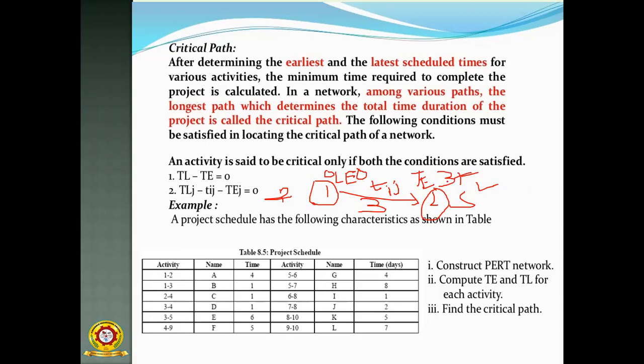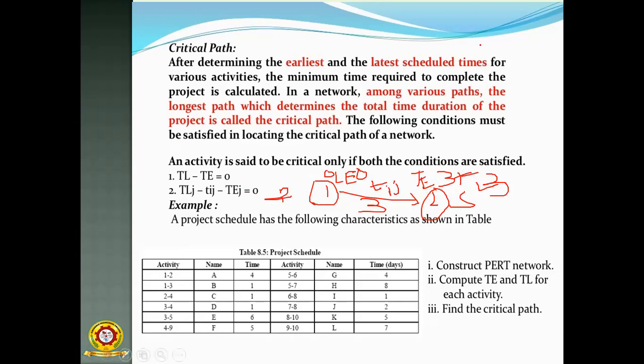Suppose this is the end event, both are the same, that is 3 and 3. Then TLj minus Tij minus TEj: 3 minus 3 minus 3, that is equal to 0.